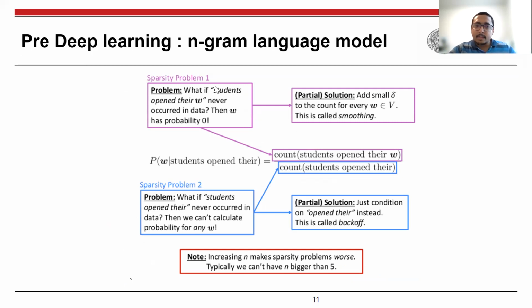Let's say in your test data, you want to calculate this particular sequence: students open their W, where W is a placeholder. Now, in your training data, this particular sequence may not be present at all. So you do not have the probability for this sequence. So your count is 0.